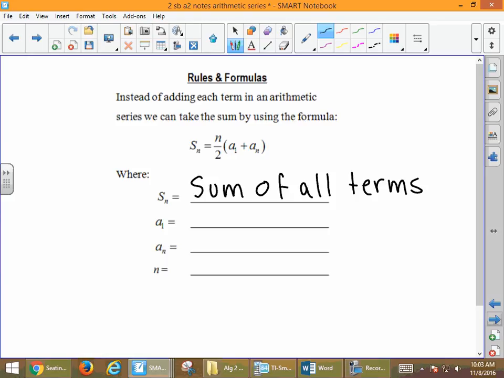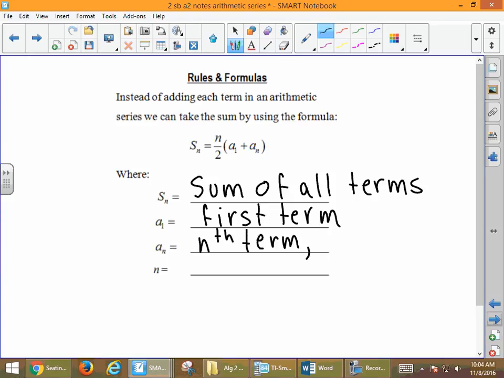How many terms we have? We're going to add them together. A sub 1, like we talked about yesterday, what did it mean yesterday? Jordan? It means to start. It's our first term. And A sub n is the nth term.